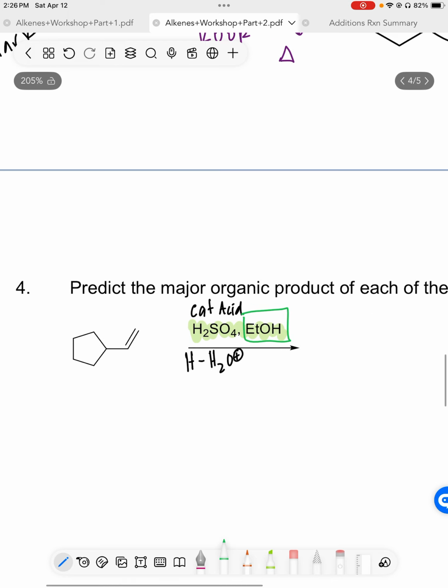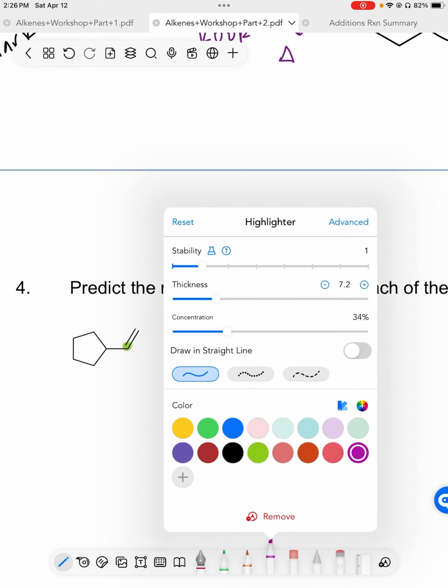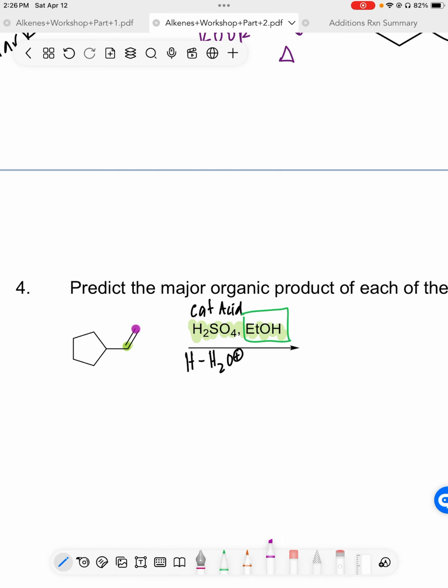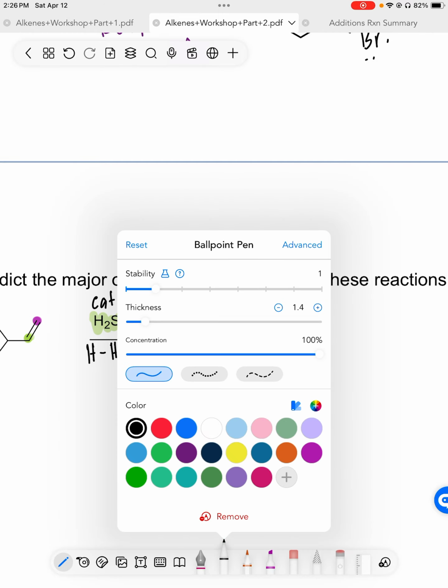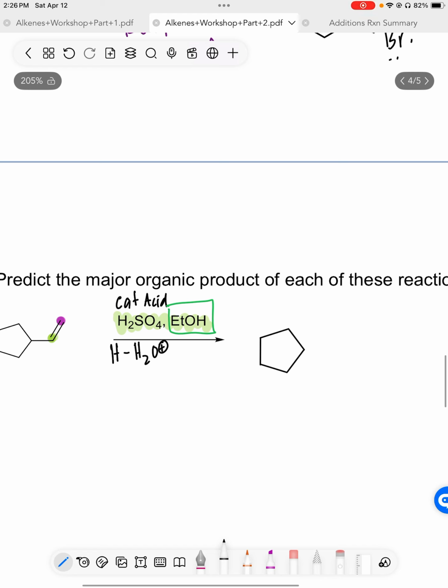So our ether is going to be added to our more substituted carbon. So we want to go ahead and assess our alkene carbons as our more and our less substituted. And then we just have to predict the major product. We don't have to do the mechanism. But if it's helpful to you to be able to see where things go, I recommend doing the mechanism just as a practice.